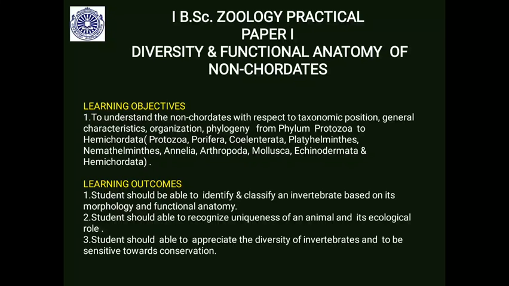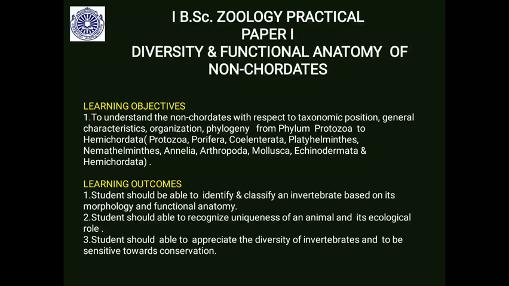What are the learning outcomes? You should be able to identify and classify an invertebrate based on its morphology and functional anatomy. This you will develop here in the practical class, and you should be able to recognize the uniqueness of an animal. Every animal is different, and you should understand its ecological role.